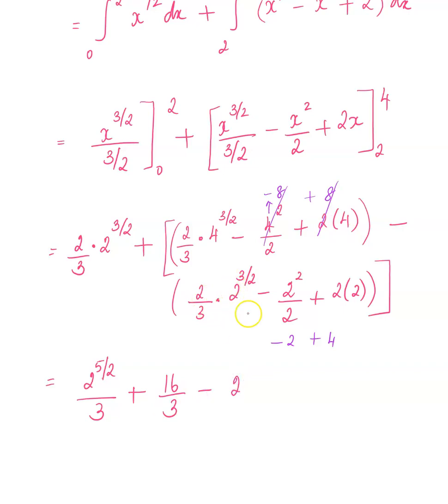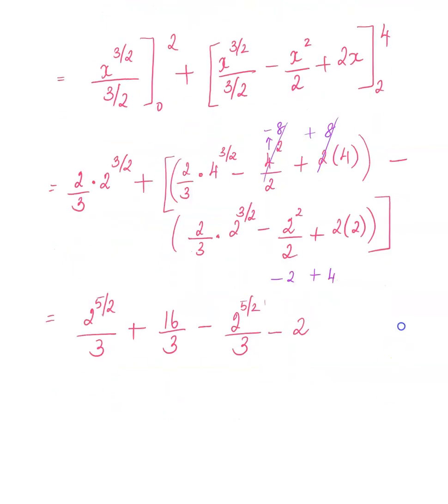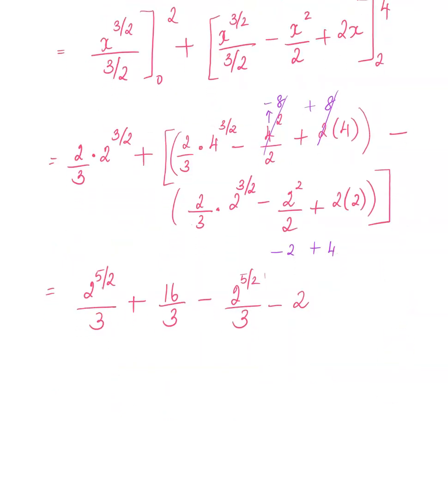This will also be a 2 power 5 over 2 over 3. And then negative 2 plus 4 will be, hold on, this is a minus here. So minus, that will be a plus 2, but with the minus outside, that will be a minus 2. Alright, now we can cancel these off.